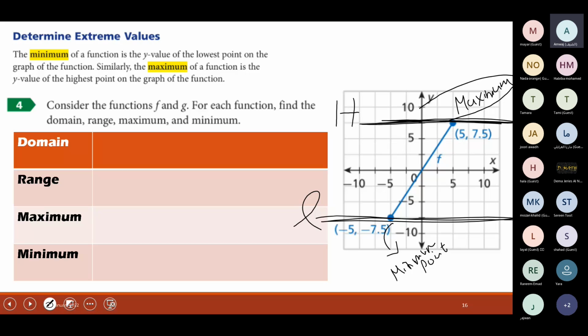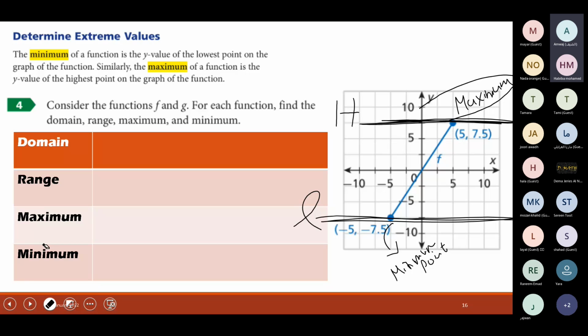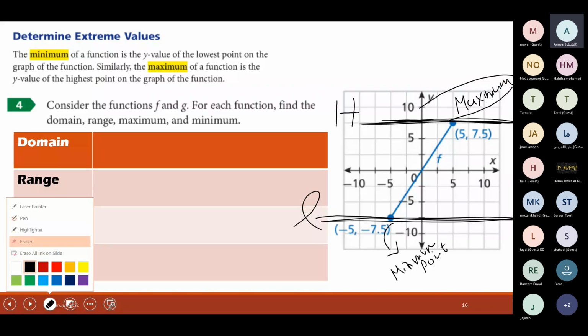Is it clear? Teacher, how can there be two values of y? We have 2 points. Each point has a value of y. You will determine which one is the highest and which one is the lowest. The highest one is the maximum and the lowest one is the minimum.